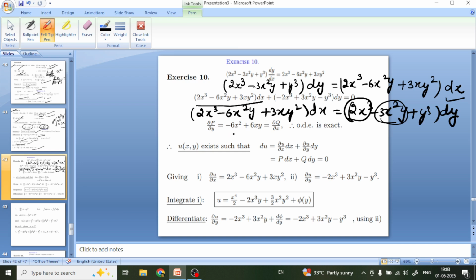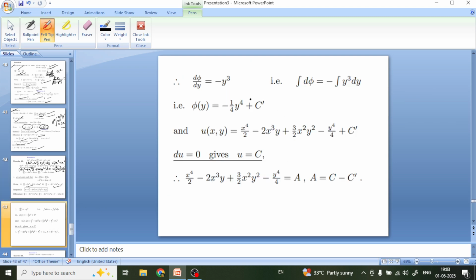It will be minus 6x square plus 6xy. After that take the first equation's integration and the second equation's differentiation, and compare them with each other, and phi is equal to minus y cube, and after integration we will find minus 1 over 4 y power 4 plus c dash, and the whole value should be written equal to a, and a is equal to c minus c dash.